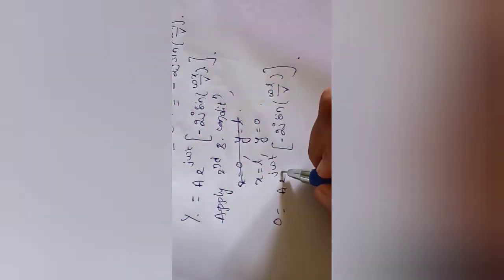Now substituting y equal to 0, a e to the power of j omega t minus 2j sin omega L by v. In place of x we substituted L, right? And now here a and the exponential term cannot be equal to 0. So the term in the bracket, 2j sin omega L by v, must be equal to 0.